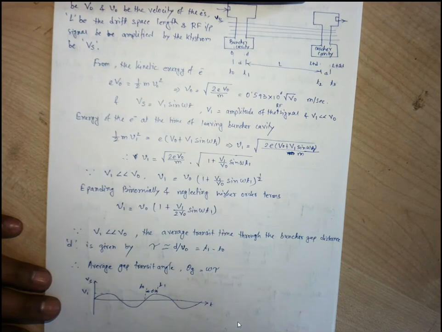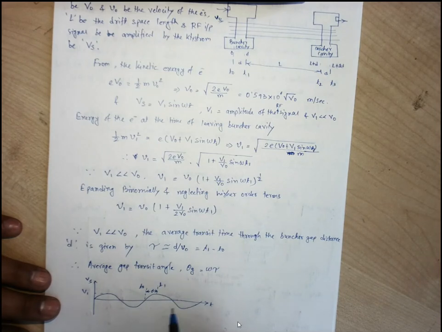That is known as the average gap transit angle, or gap transit angle, omega tau.